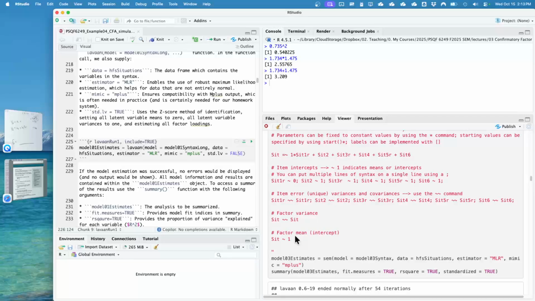The sem function is trying to standardize the factor, but when I put a piece of code like this in the syntax, it overrides it being standardized. So to answer your question, the syntax wins, not the function.